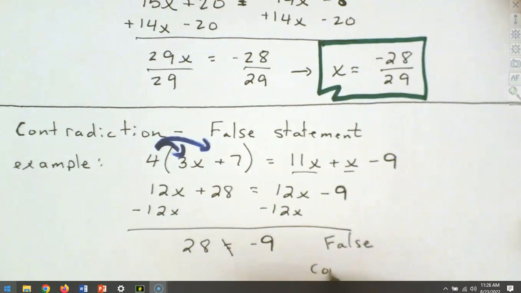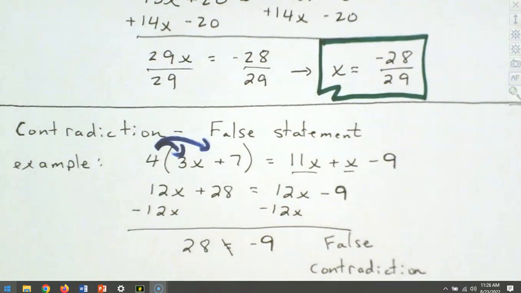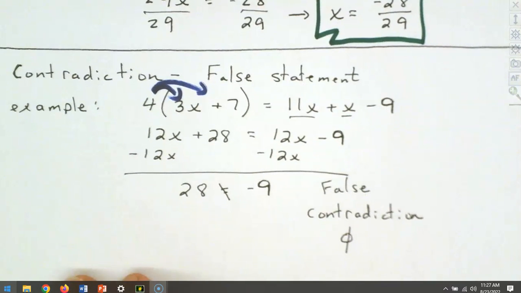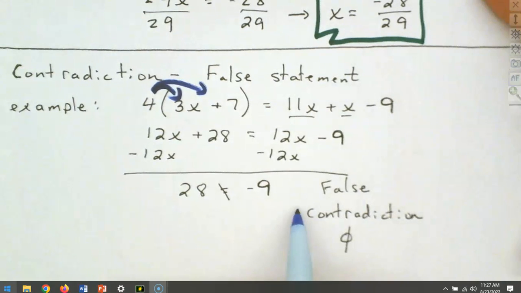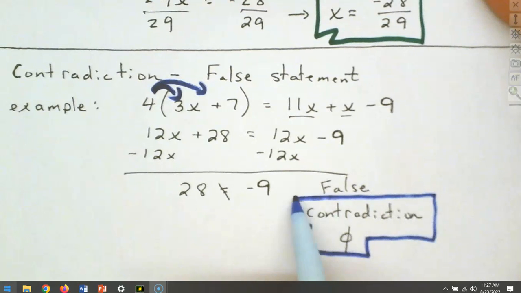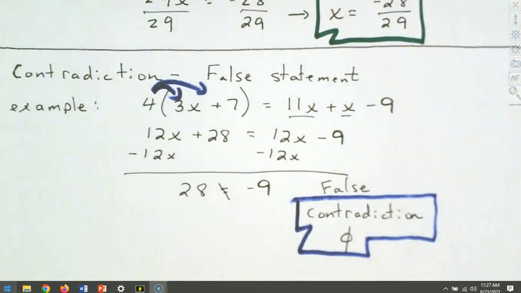It's a contradiction. And we represent that with the empty or the null set. Okay, that 0 with the slash through it, that's called the empty or the null set. And it just means that there is no number that would ever make it work. It's a contradiction.